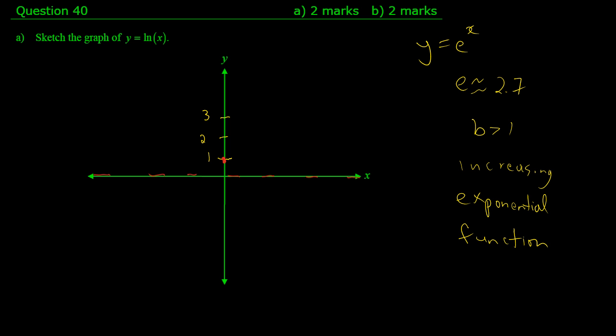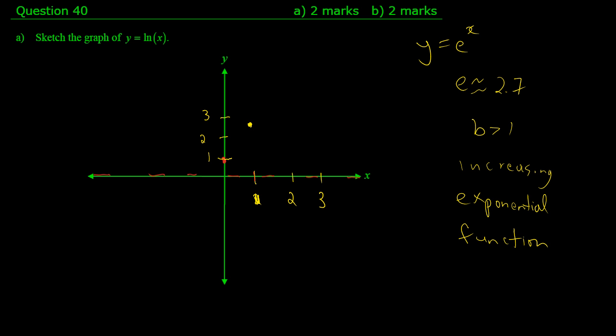You could also go over 1 unit if you want. And if we go over 1 unit, this is 1. You know that e to the 1 is e, which is approximately 2.7. So at 1, I'm at about 2.7. So I'm going to put a point here, which I think is approximately 2.7.